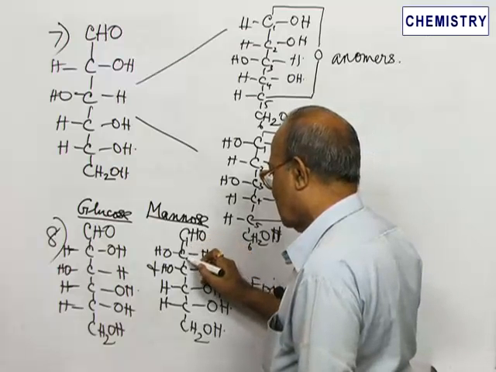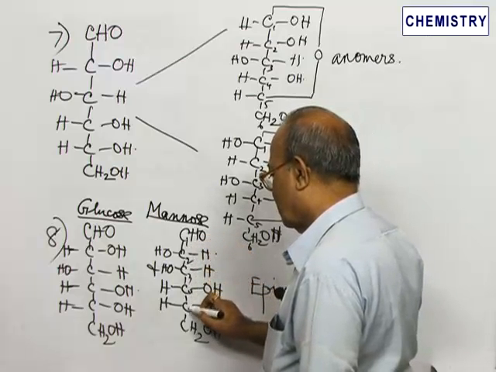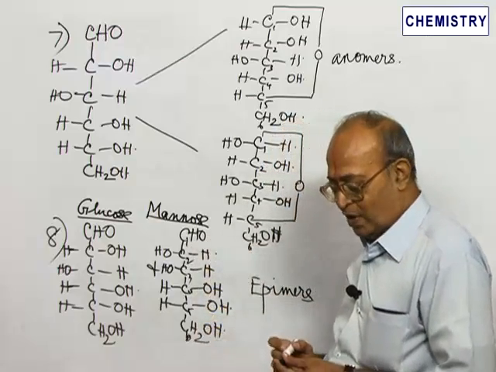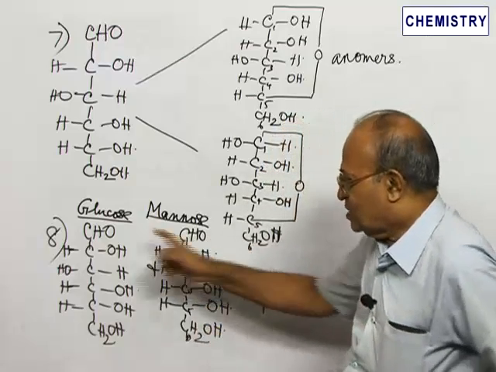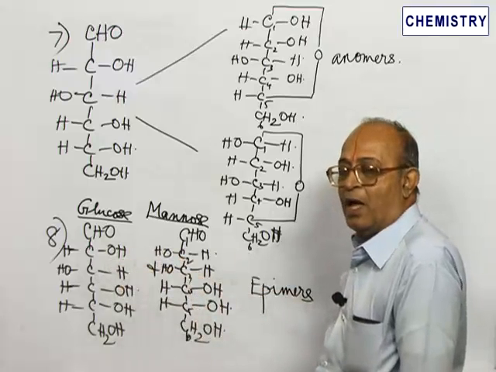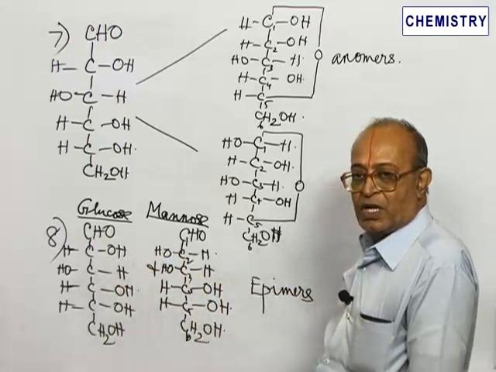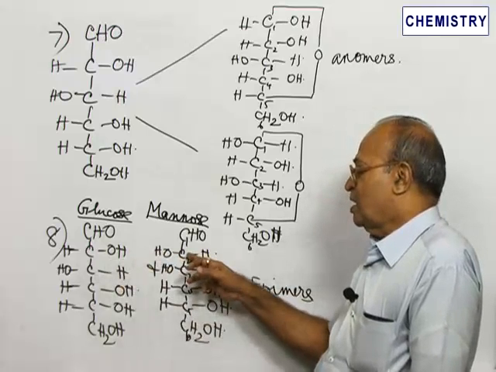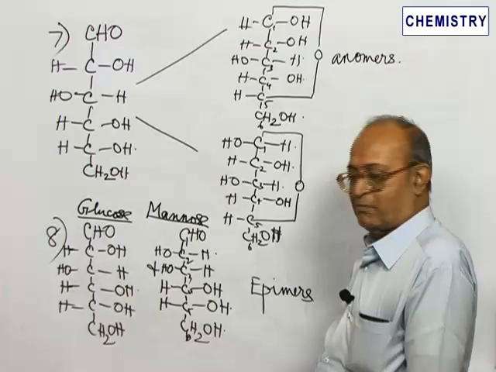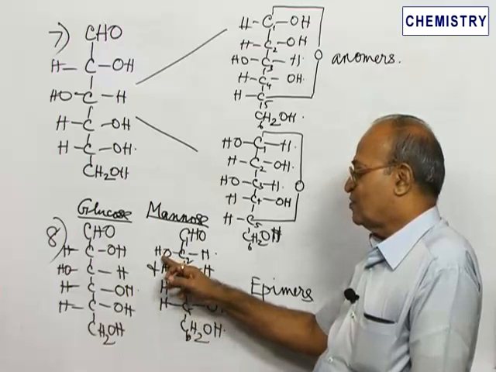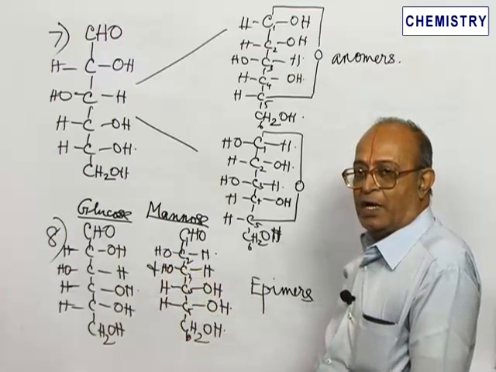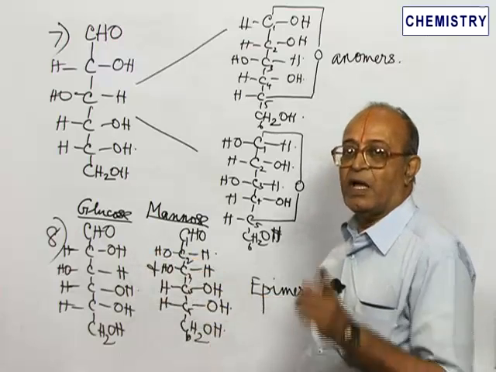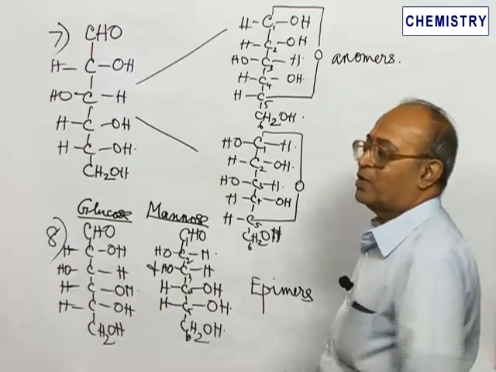Numbering is like this: 1, 2, 3, 4, 5, 6 in both cases. And you can notice the difference between these two, glucose and mannose, is the configuration around the second carbon. OH lying on the left side in mannose, and in glucose it lies on the right hand side. So you can notice the difference.